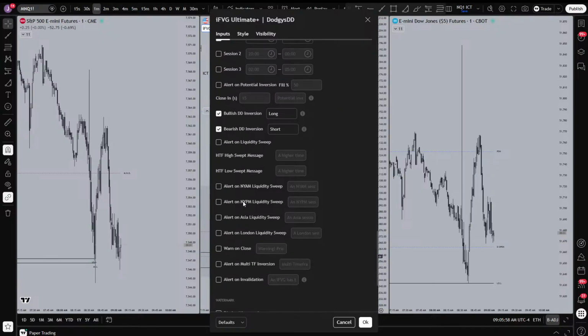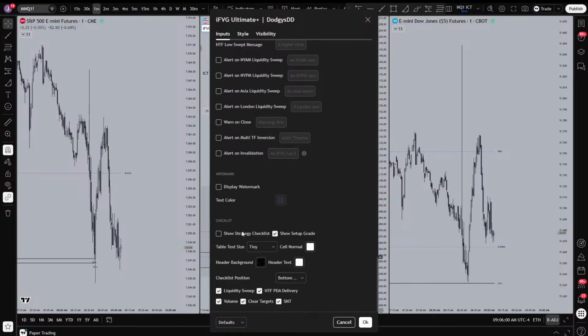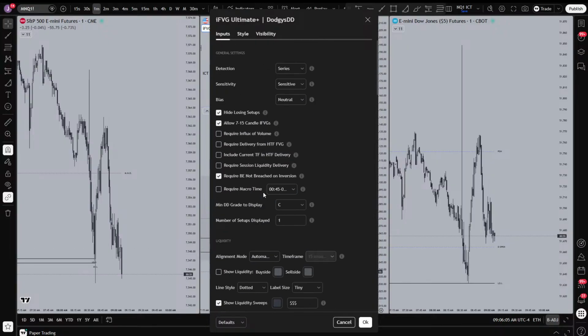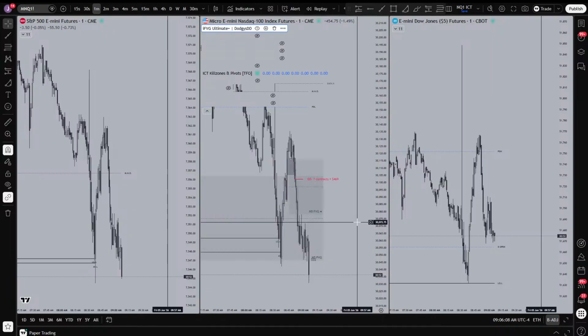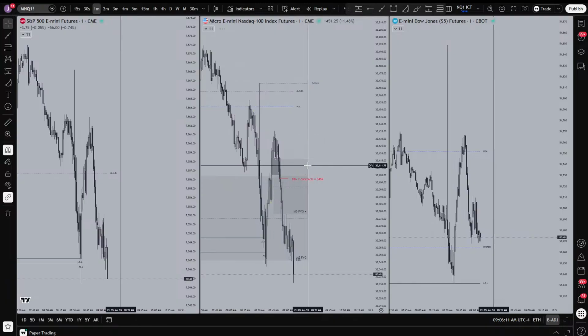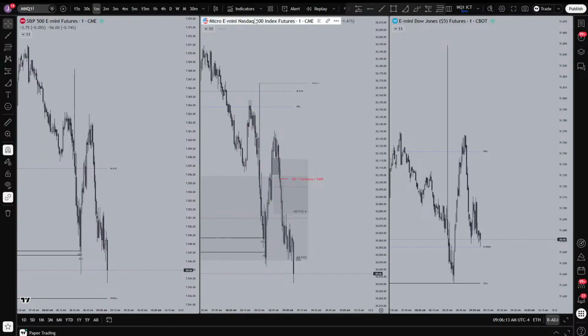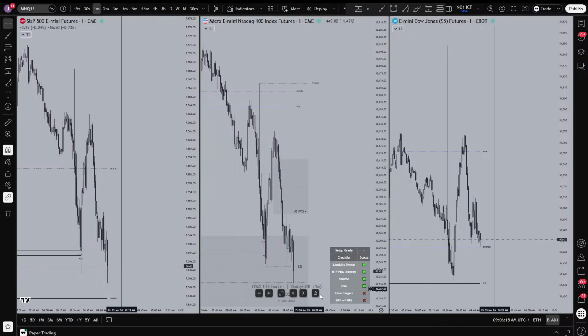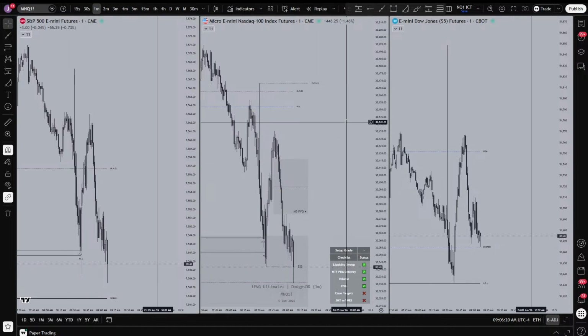It has alerts for you, the strategy checklist off to the right. I turn off the watermark, but this is Dodgy's indicator. Now if we go back here, we can see that this trade obviously fully delivered down to the lows. But once it stops loading, you can see there's a checklist right here, and here's the watermark as well.